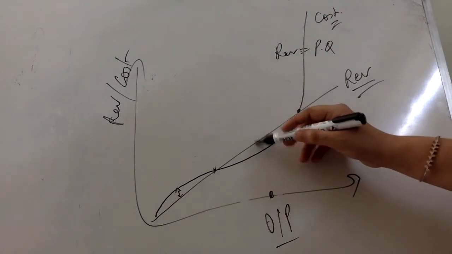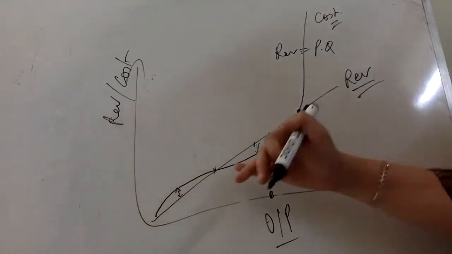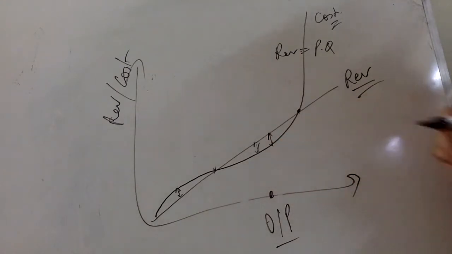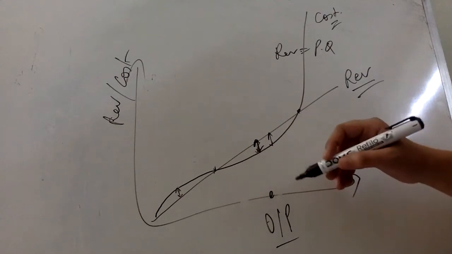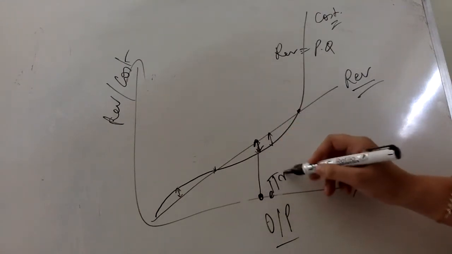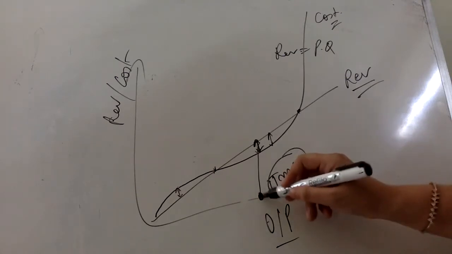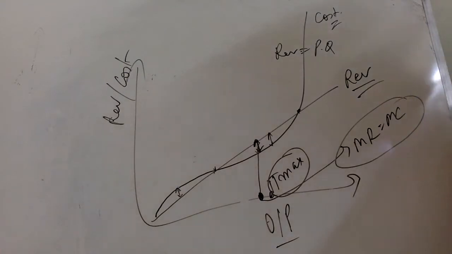Only in the region where the revenue curve is above the cost function do we have positive profit, and wherever the difference between total revenue and total cost is maximum, profit is maximum. This is the point at which the equality MR equals MC holds true.